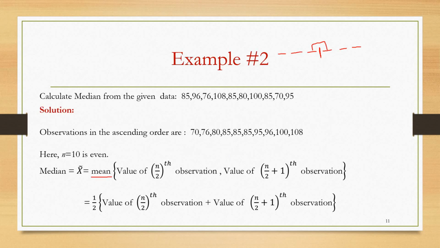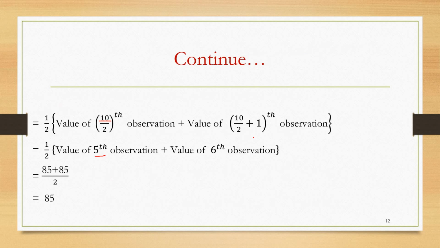So, we will see what are the values on the 5th and the 6th observation. 1, 2, 3, 4, 5. On 5th place, we have 85. On the 6th place, we also have 85. So, what we will do, 85 plus 85 divided by 2 is equal to 85. This is the median for the given data set.